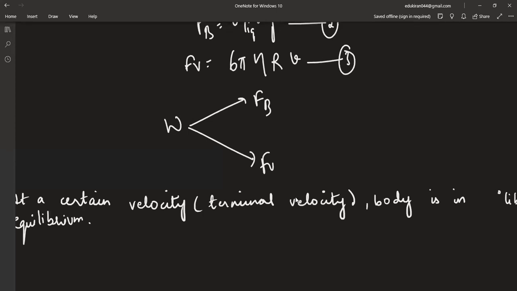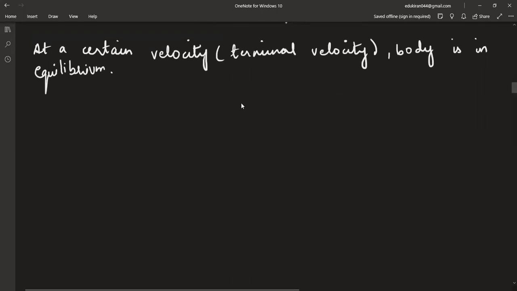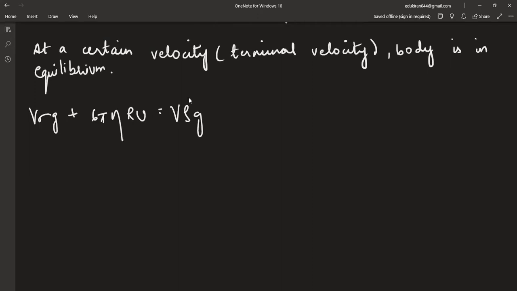So at a certain velocity, the terminal velocity, the body is in equilibrium. If it is in equilibrium, then we'll substitute: V sigma g plus 6 pi eta r v is equal to V rho g. Correct? Weight is equal to FV plus FB.